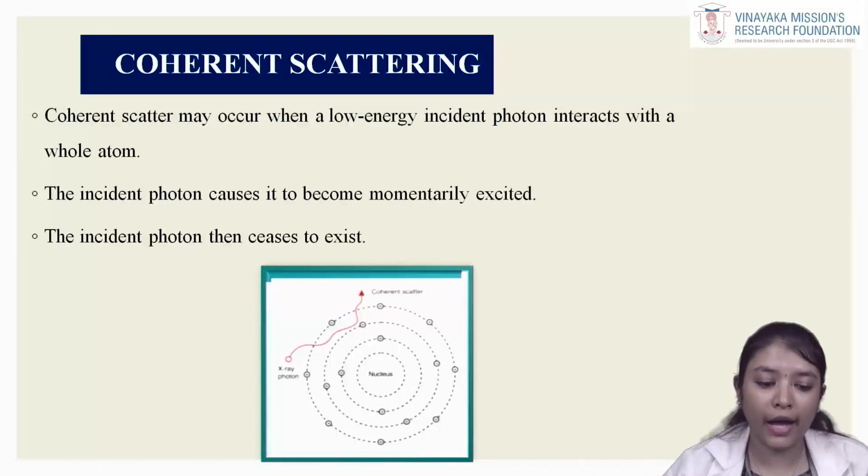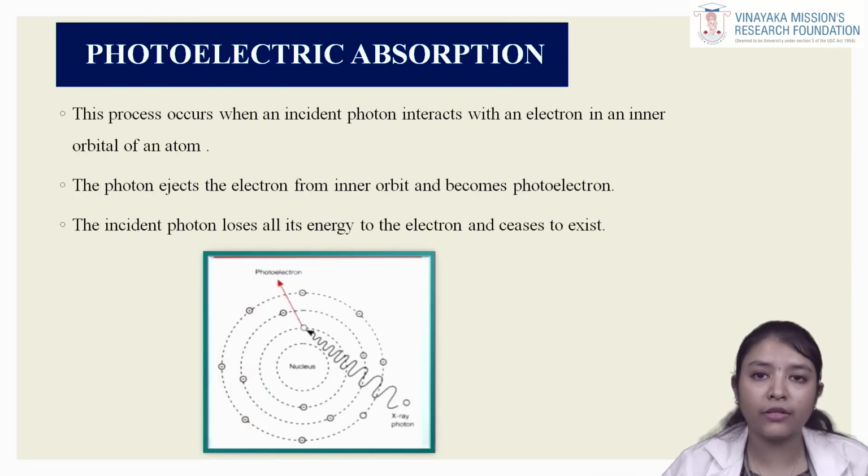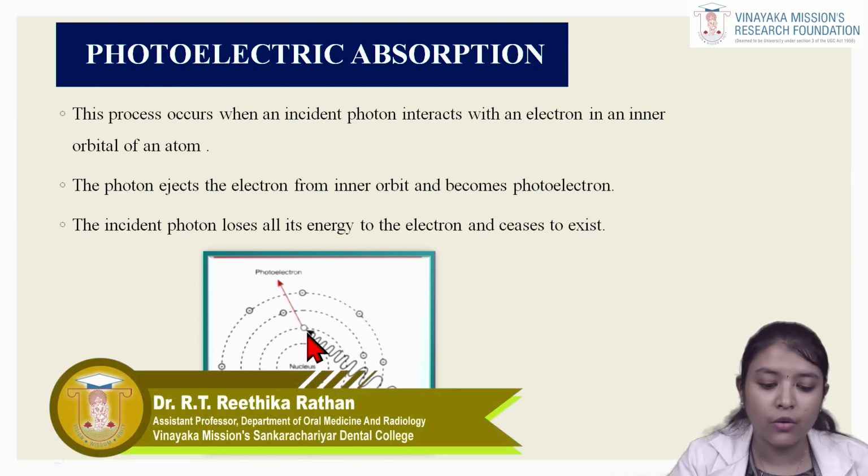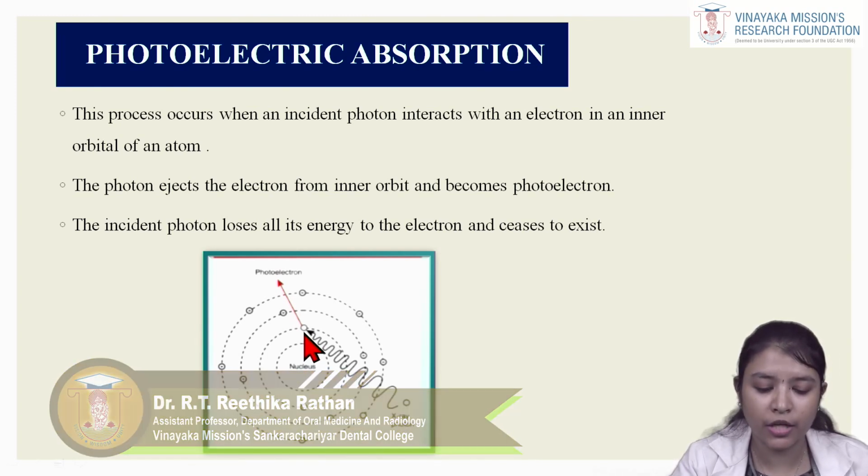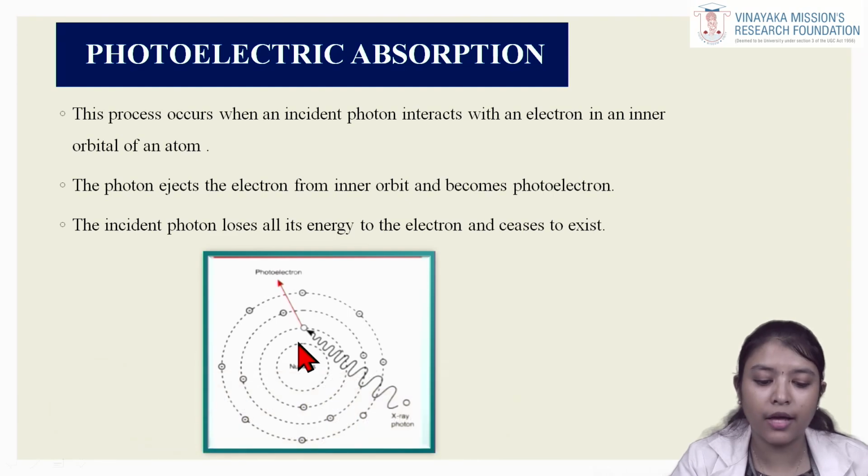Coherent scattering is when a low energy incident photon bombards the whole atom and there is a momentary exit of the incident photon. Photoelectric absorption occurs when an incident photon bombards an electron present in the innermost shell and causes the electron to be dislodged.